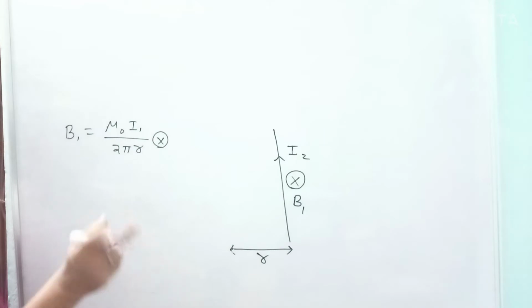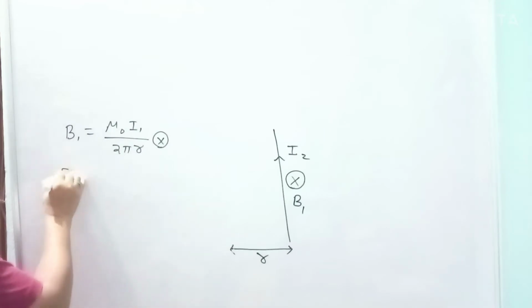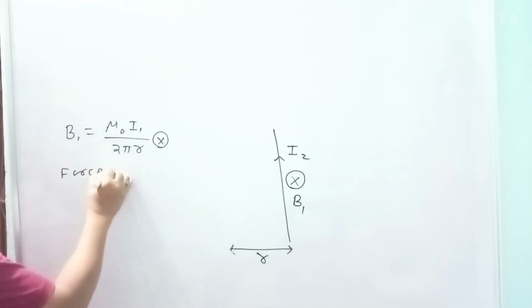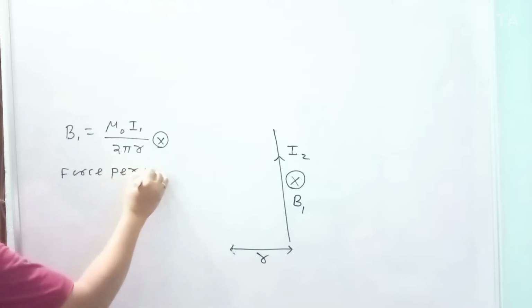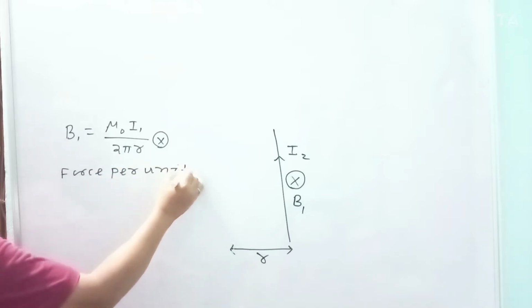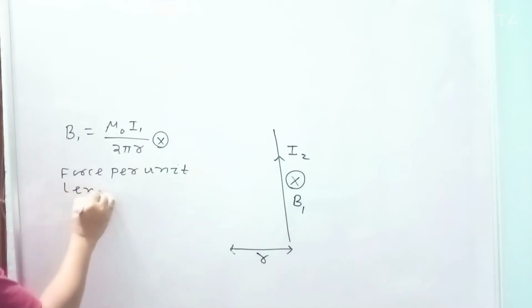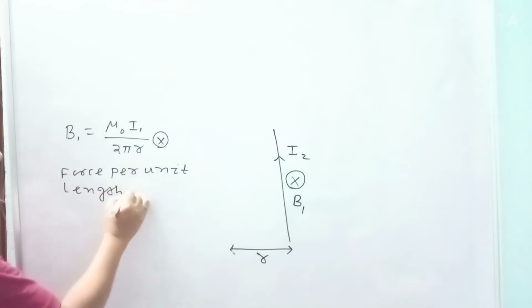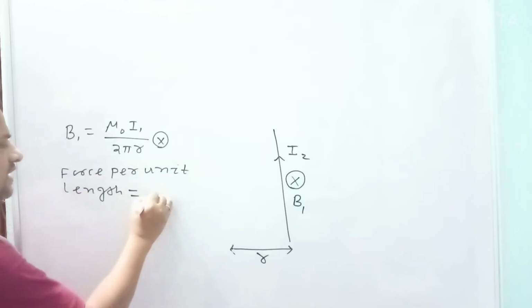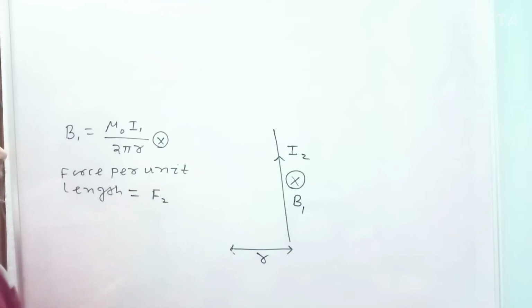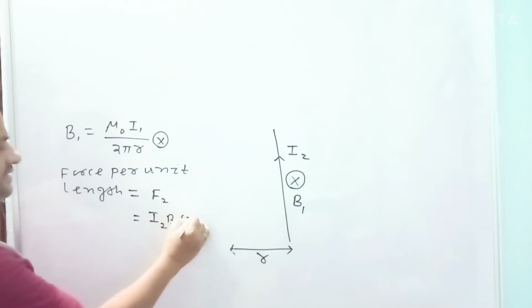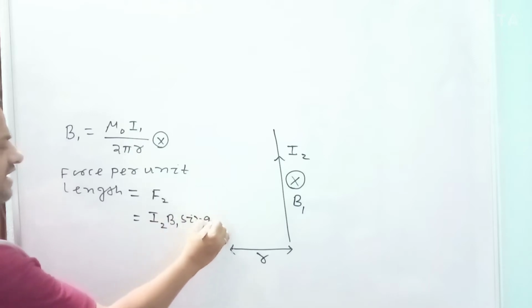Force per unit length, I will write force per unit length, that is equal to F2. How much? That is I2 B1 sin 90 degree.